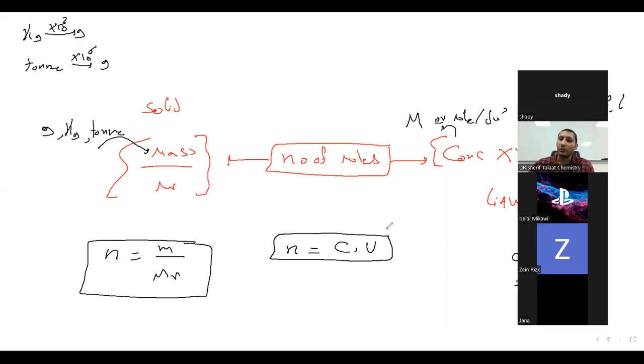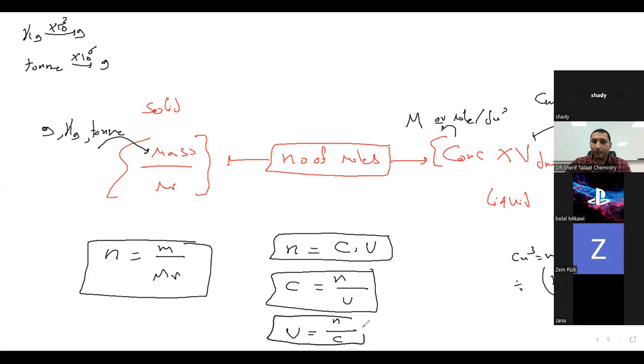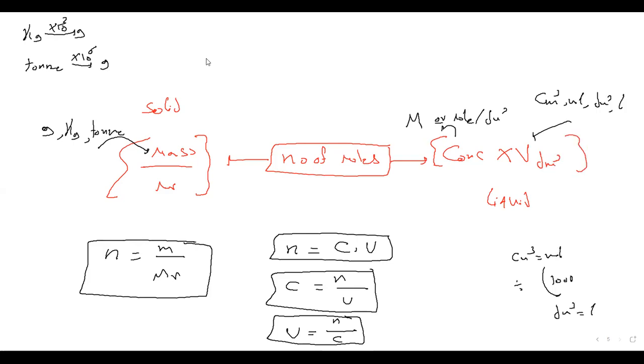Concentration multiplied by volume. So in case of C, it is equal to N over V. In case of V, equal N over C. So we must calculate number of moles equal mass over molar mass, and number of moles equal concentration multiplied by volume.